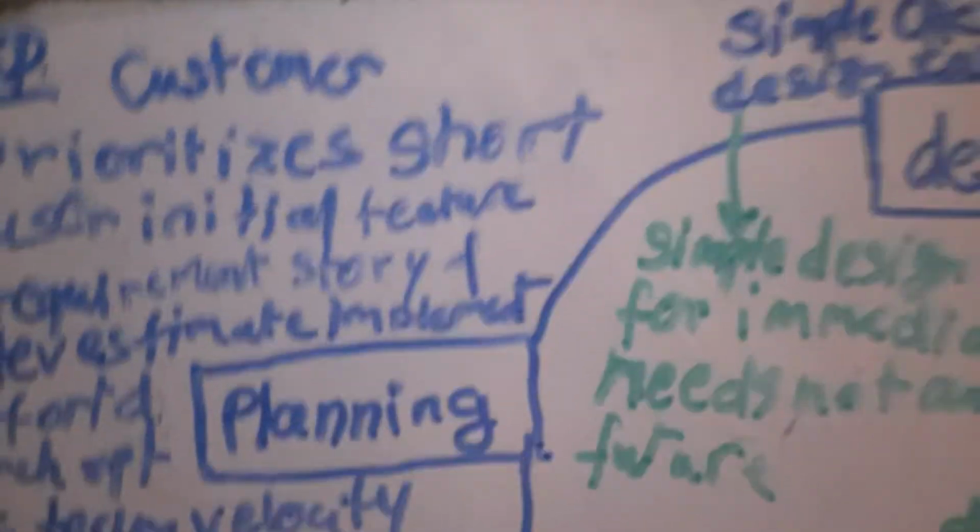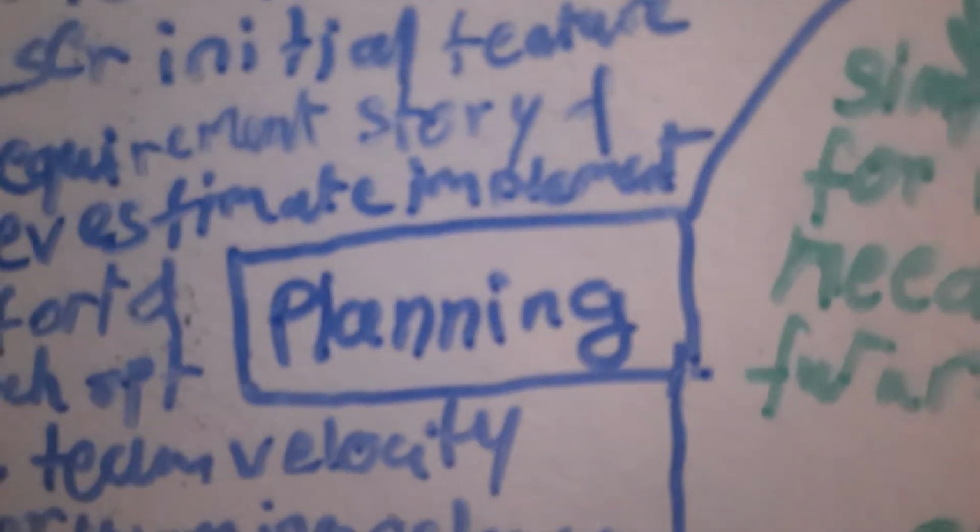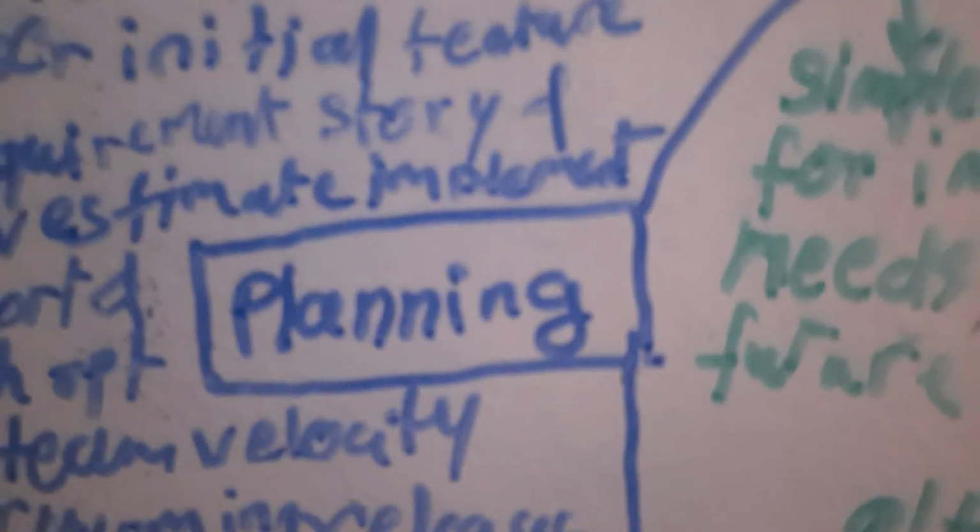So what happens here is, the customer prioritizes short user stories, the initial feature requirements, like his ideas about the software, what requirement is there or what initial feature should be there.